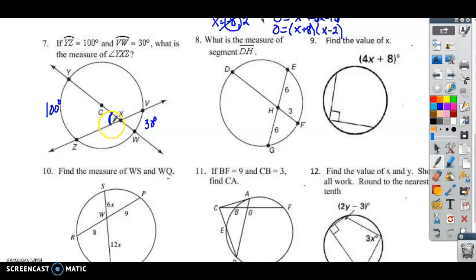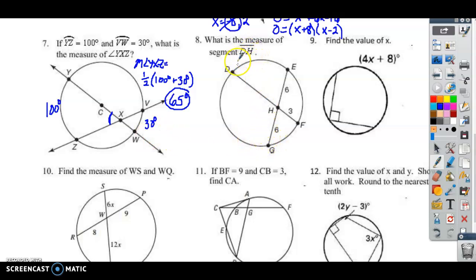We're looking at an angle inside the circle. Well, that angle, the measure of angle YXZ, is going to be one half the sum. It's essentially the average of the two arcs. So 100 degrees plus 30 degrees, that's 130. Half of 130 is 65 degrees. That angle measures 65 degrees, half the sum of the intercepted arcs.